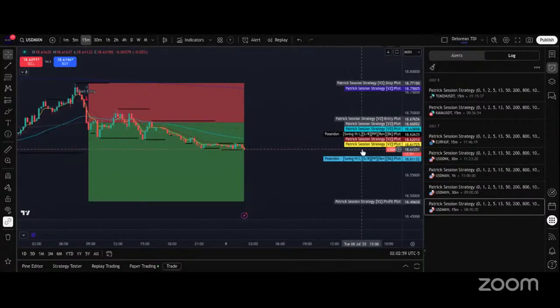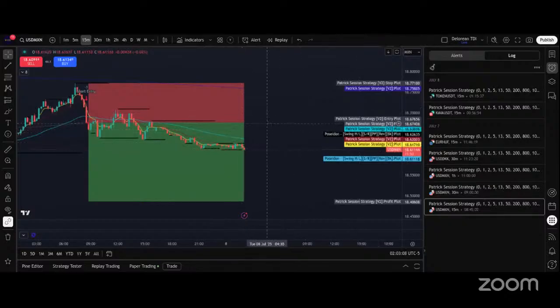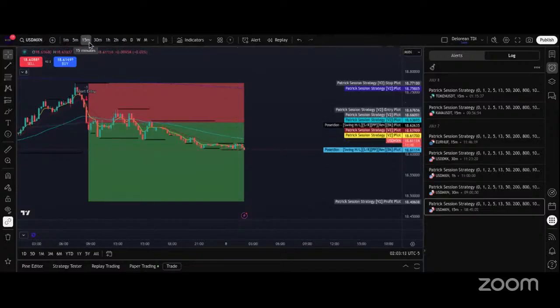Conversely, if the yellow line was over the red line, the 5 over the 13, it would mean that the buyers have control of the market on that asset on that time frame.